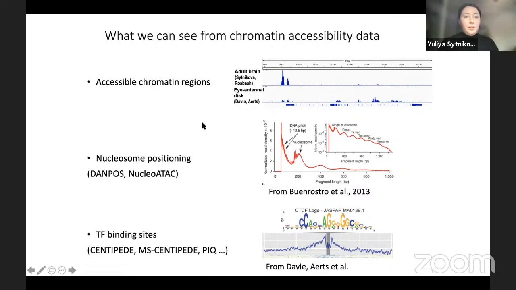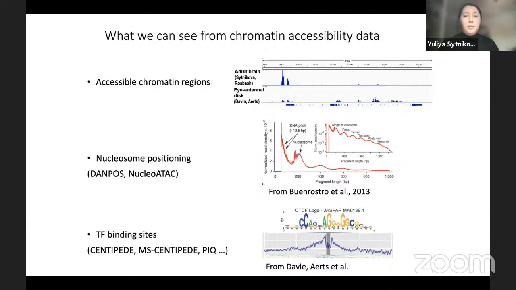Also, besides that, one could use this information for inferring nucleosome positioning, because again, regions which are covered by nucleosomes are usually less accessible.